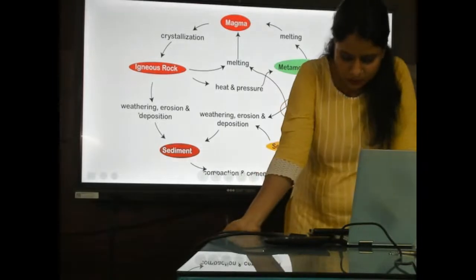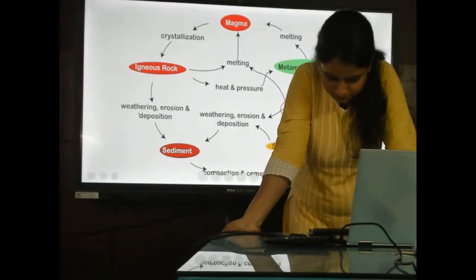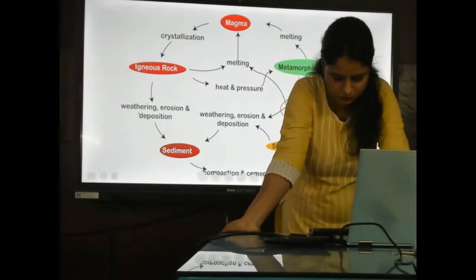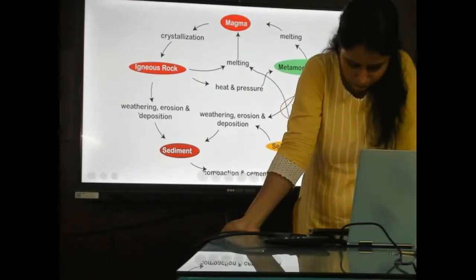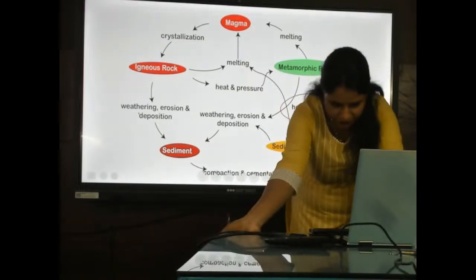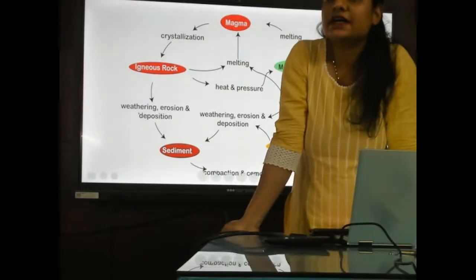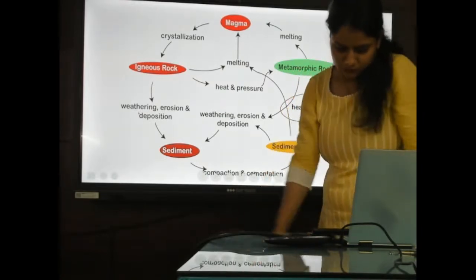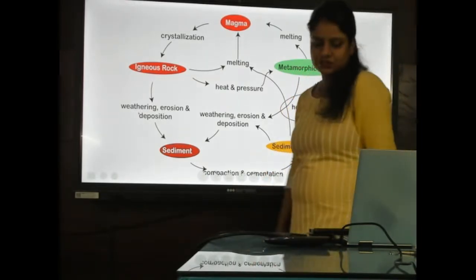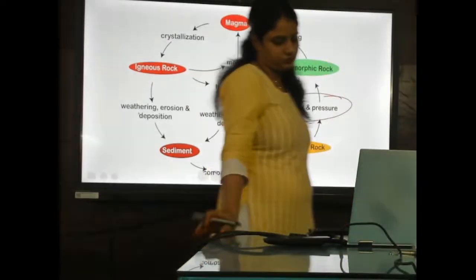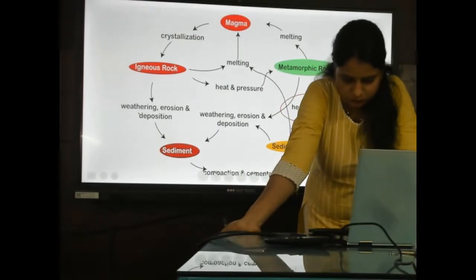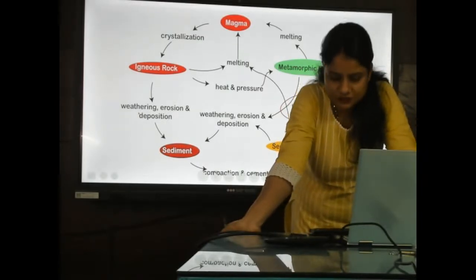Write down: it is a process by which rocks undergo recrystallization and reorganization.